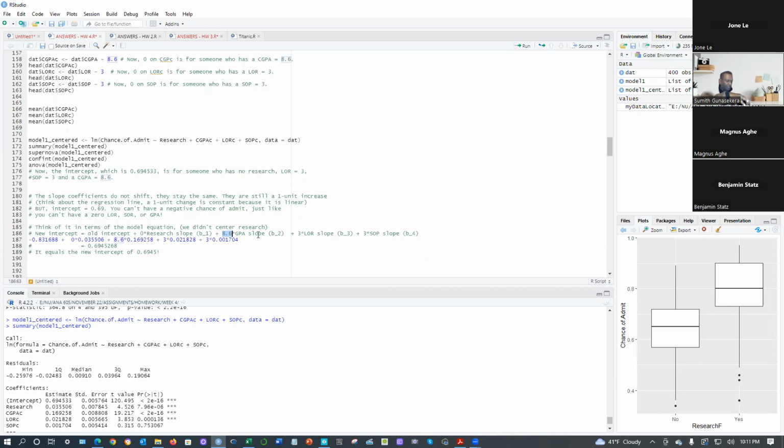It doesn't matter whether it's the new model or the previous model, before centering or after centering, the slope is not going to change. In that way, it doesn't matter where you extracted this GPA. What I'm trying to say is your new intercept is the same as by going through this equation. 8.6 for GPA, the slope B2, and 3 times, means this 3.